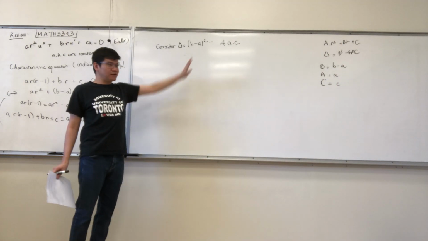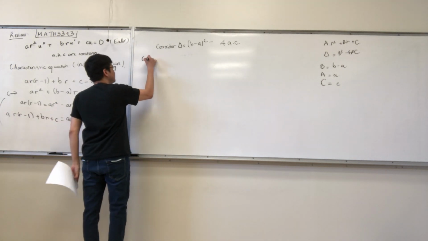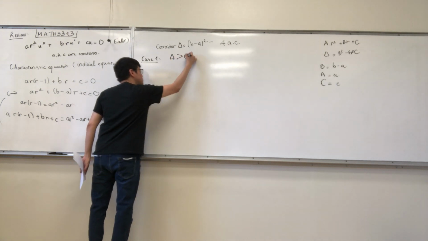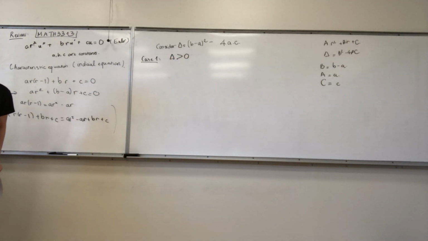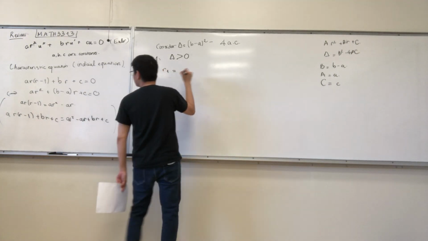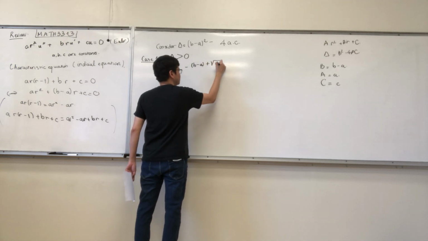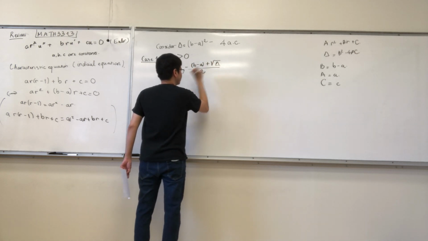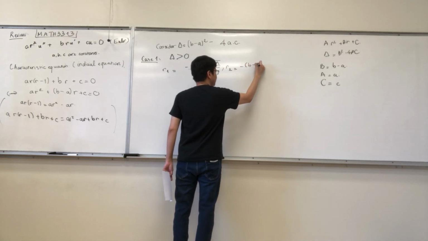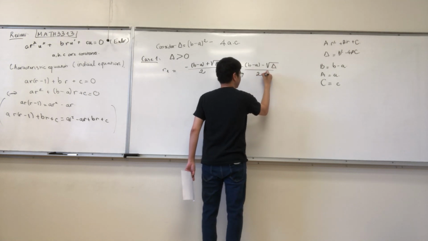Now you consider the delta. Case number 1, delta is positive. Then you have two roots. R1 will be minus (B minus A) plus the square root of delta over 2A. And the second root will be minus (B minus A) minus square root of delta over 2A.